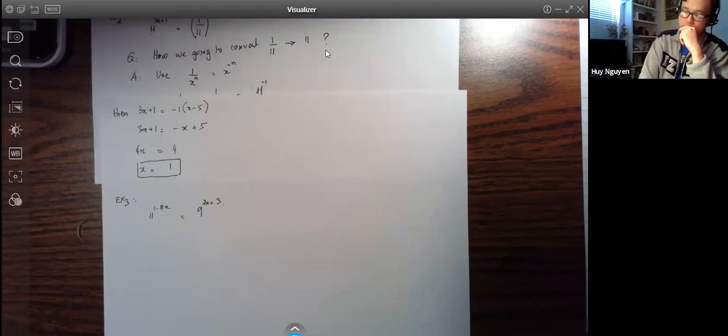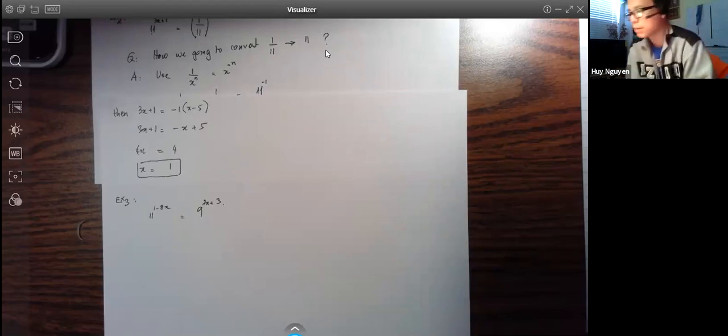So you look at the problem, you see that on the left hand side we have base 11. On the right hand side we have base 9. We have different bases. Okay, I already said in the first example that if you have a different base, you have to do something so that you can convert it to the same base, then you can apply the equivalence property. But when you look at this problem, you see base 11 and base 9.